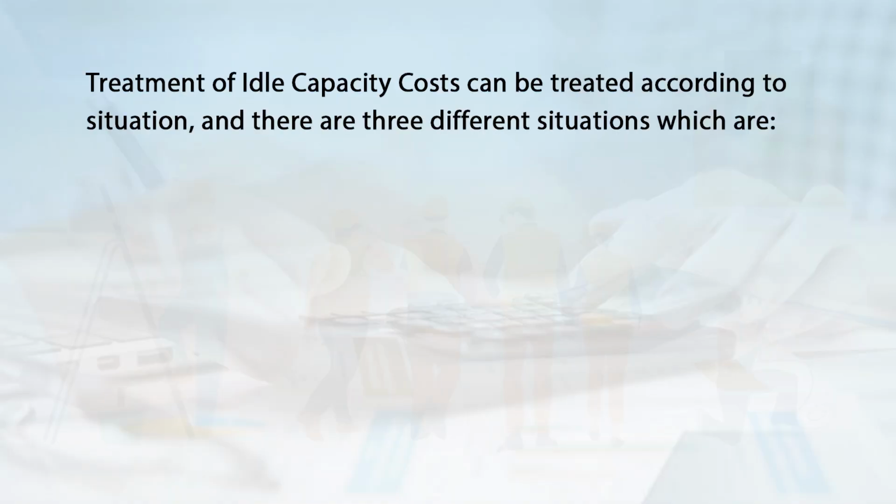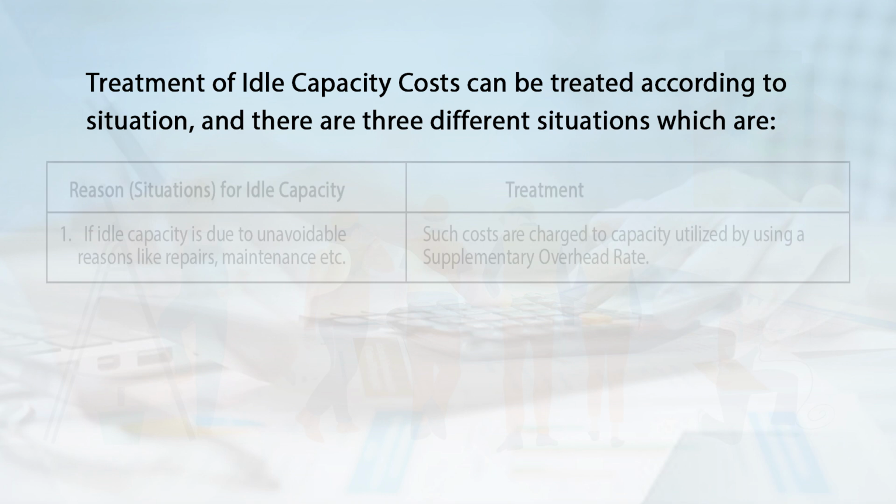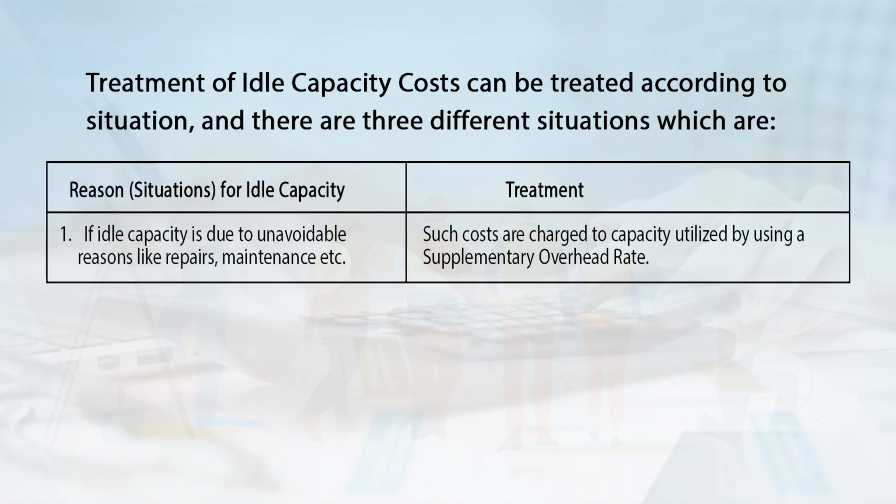Treatment of idle capacity cost depends on the situation, and there are three different situations. First, if the idle capacity is due to unavoidable reasons like repairs, maintenance, etc., then such costs are charged to capacity utilized by using a supplementary overhead rate.